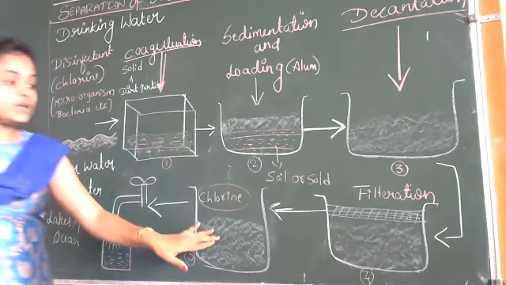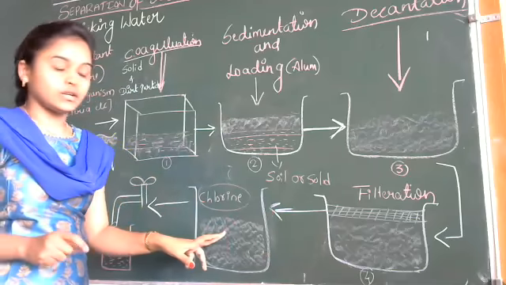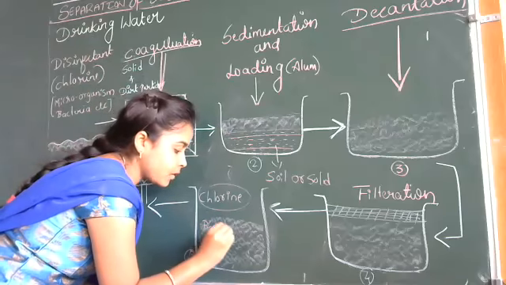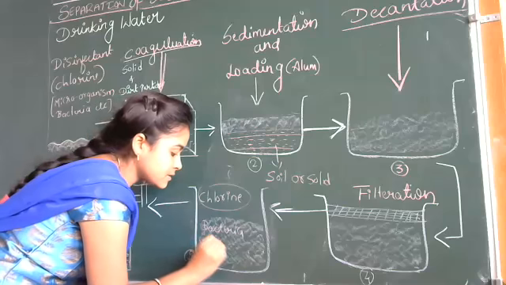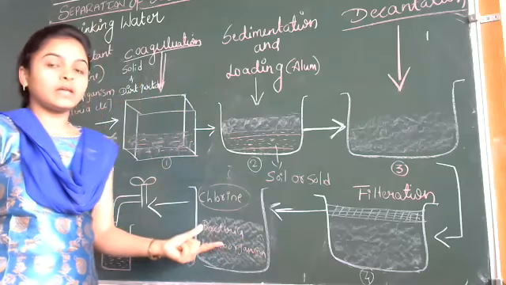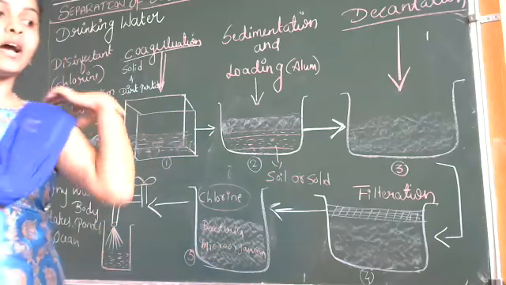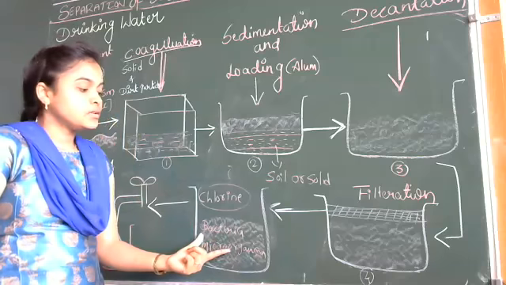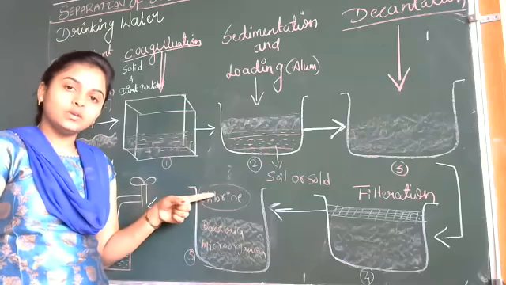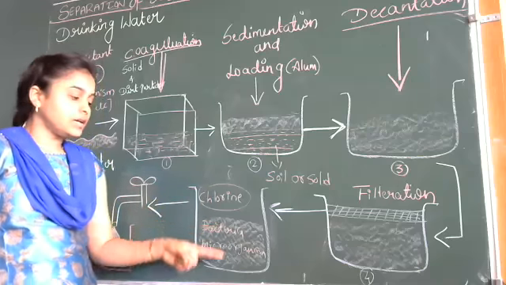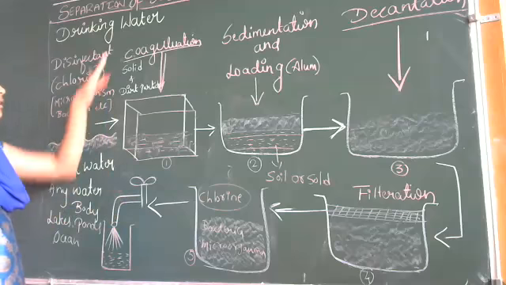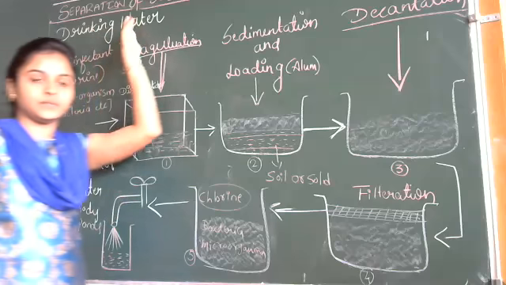When we add this chlorine to the filtered water, it kills the bacteria or microorganisms present in the water, because we cannot see these bacteria and microorganisms with our naked eyes. So for the removal of bacteria and microorganisms, disinfectants are used. Now the water we got is supplied to the taps, and from these taps we get water, that is drinking water.